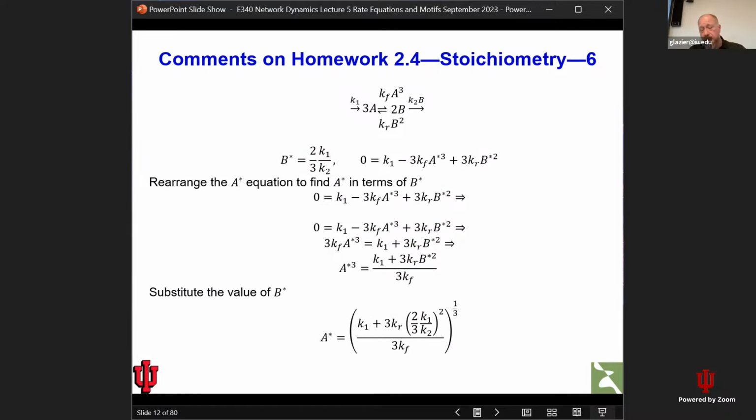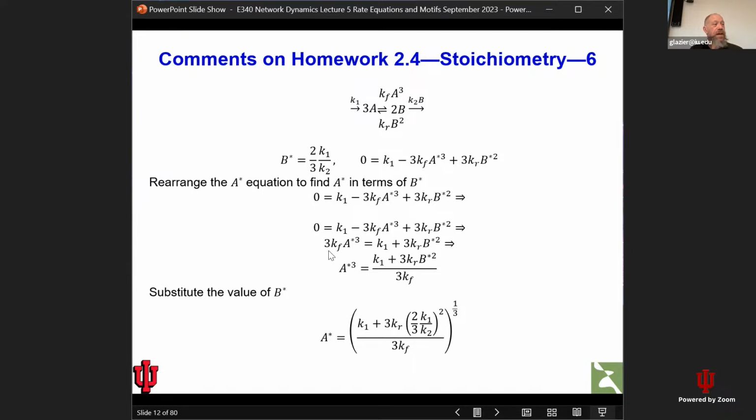This one is a little bit more messy algebraically, but it's no harder to solve. I have an equation which looks like 0 is equal to K1 minus 3KF A star cubed plus 3KR B star squared. What we want to do is solve for A star in terms of B star. To do that, I put the A onto the left-hand side: 3KF A star cubed is equal to K1 plus 3KR B star squared.